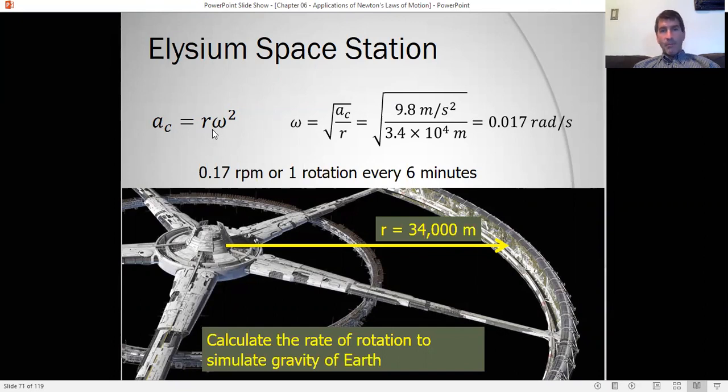I'm going to solve for omega to see how fast this thing needs to be spinning. So omega is equal to the square root of a over r. There's the acceleration, there's the radius. And it would only have to be rotating about 0.017 radians per second. We divide that by 2 pi and multiply that by 60, we get about 1 rotation every 6 minutes, or about 0.16666 repeating RPMs.